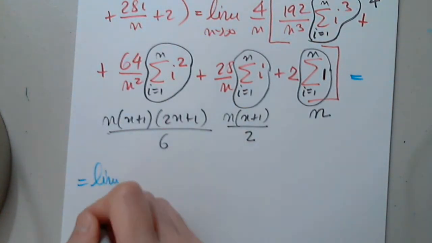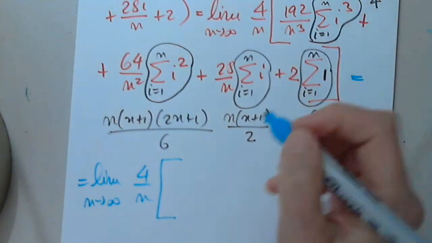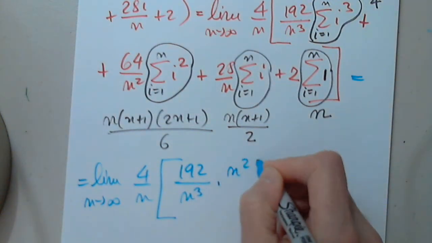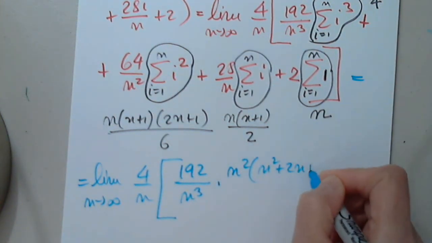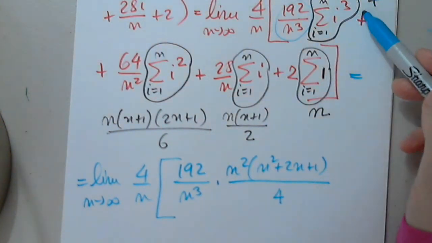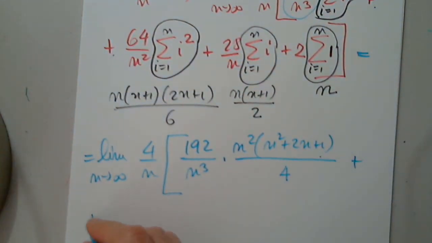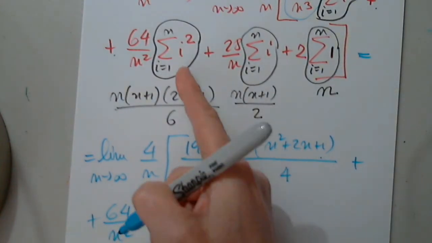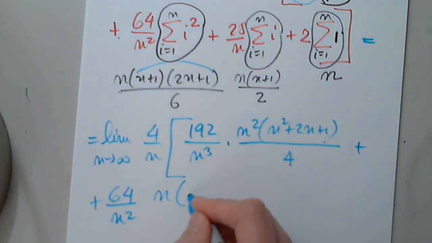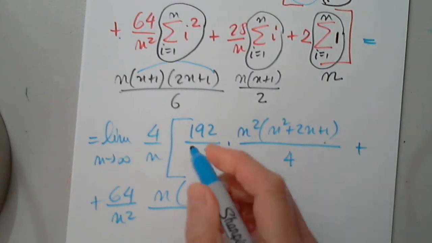So this is the limit as n approaches infinity of 4 over n, plus 192 over n cubed times n squared (n plus 1) squared over 4. So I have this and I have this. Now plus 64 over n squared, all this thing, times n, I will multiply these two, (2n squared plus 3n plus 1) divided by 6.